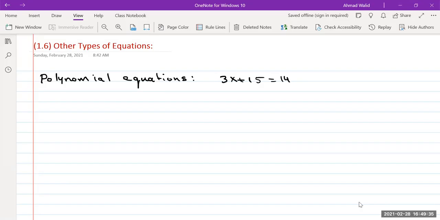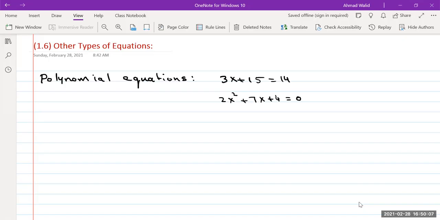Yes, it is a linear equation, but the general name is polynomial equation, correct? Or if I write 2x squared plus 7x plus 4 equals 0, this is a quadratic equation we already solved. Yes, it is a quadratic equation, but still we call it a polynomial equation.